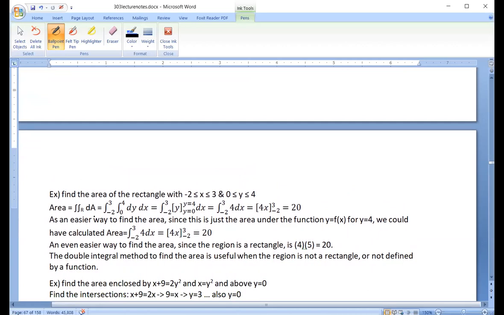We know that x equals y squared, so substitute x for y squared. So x plus 9 equals 2x. That gives us that x equals 9, which gives us the intersection point y equals 3. And we've also been told above y equals 0. So therefore, a boundary is y equals 0.